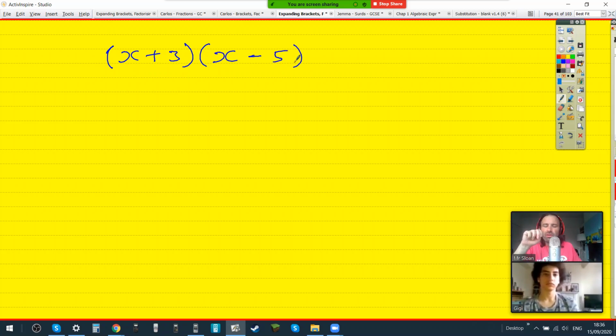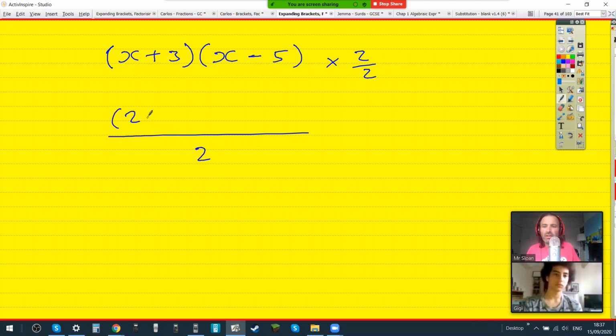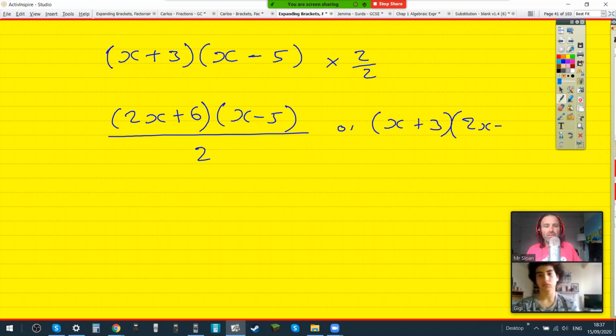You could multiply that by 2 over 2 if you really wanted. On the bottom you would get a 2. On the top you would get either 2x plus 6, because this is already times in between them, only one of them would change, or you would get x plus 3 and 2x minus 10 over 2.